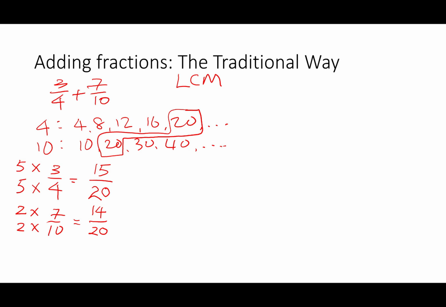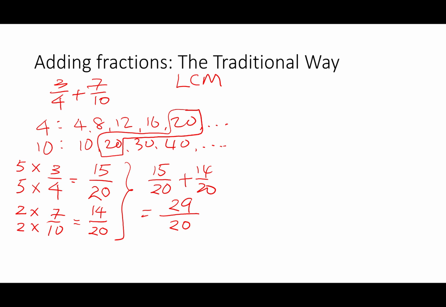So we have converted the two fractions into 15 over 20 plus 14 over 20. And once the denominators are the same number, we keep that number and simply add up the two numerators together. So 15 plus 14 gives us 29.